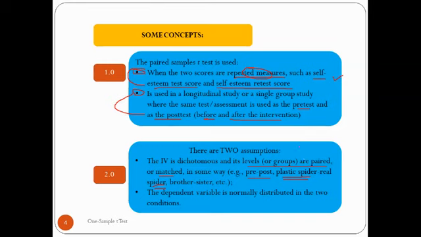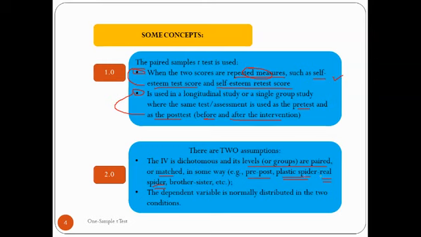Let's say a group of children is shown a plastic spider, and then the same group of children is shown a real spider, and Professor Andy Field wants to know whether the plastic spider condition or the real spider condition causes more fear within the children.